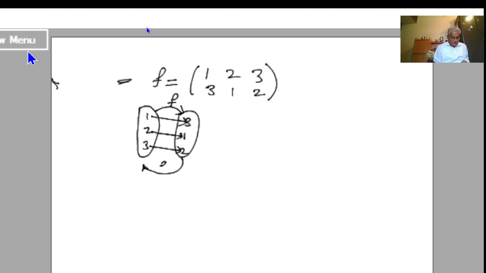F inverse is from this codomain to domain. F inverse exists because this is a one-one onto function. Therefore, F inverse exists here.